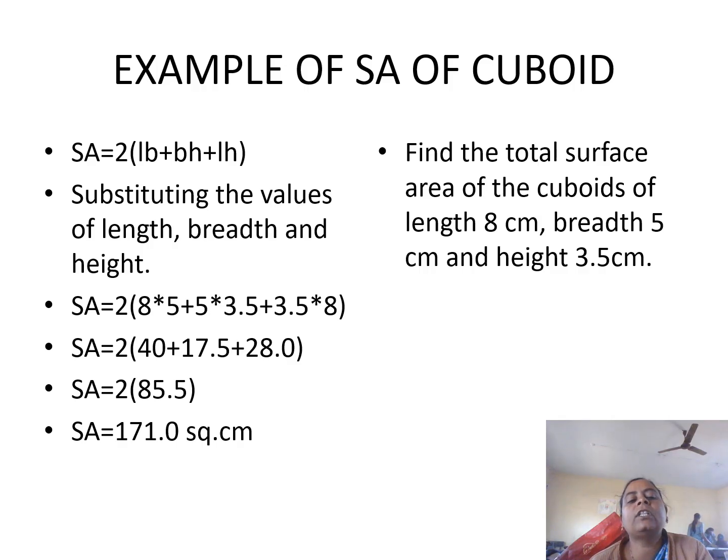Substituting the values, we get 2 into (8 into 5 plus 5 into 3.5 plus 3.5 into 8). That is equal to 2 into (40 plus 17.5 plus 28.0). That is equal to 2 into 85.5 and the final answer is 171.0 square centimeter.